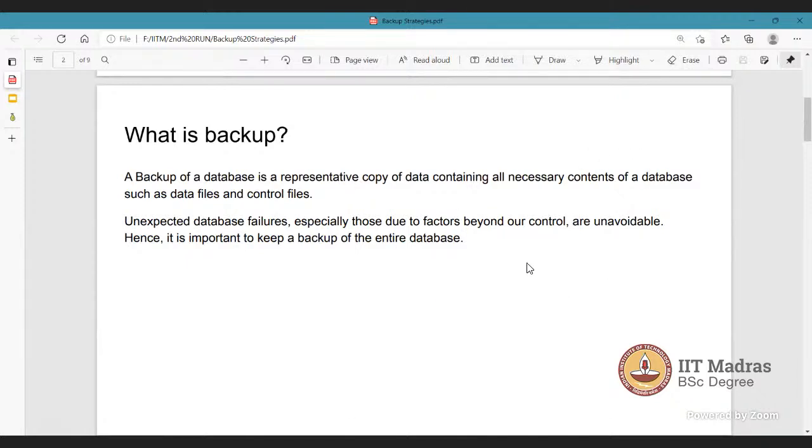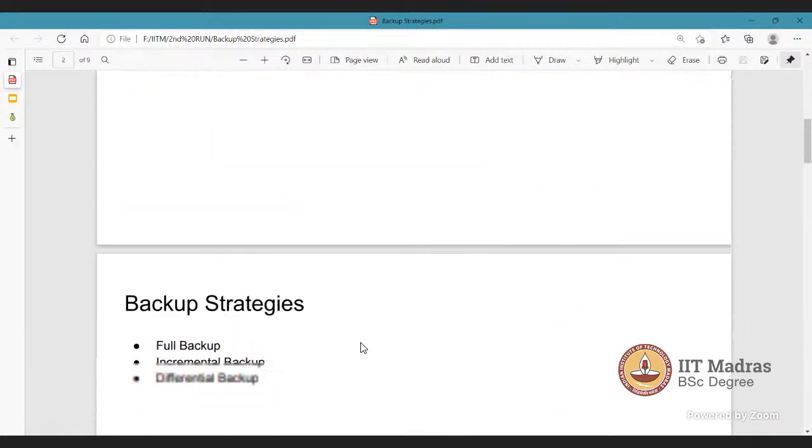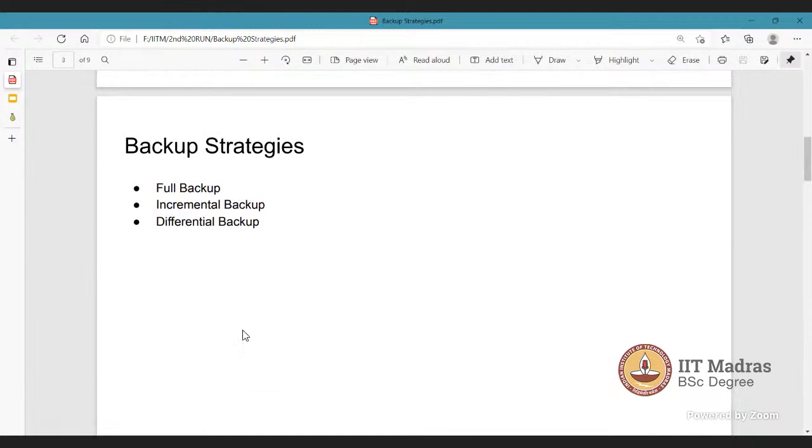This is very important when database failure occurs. So it is very important to keep a backup of the entire database. Now we have a number of backup strategies: full backup, incremental backup, and differential backup.